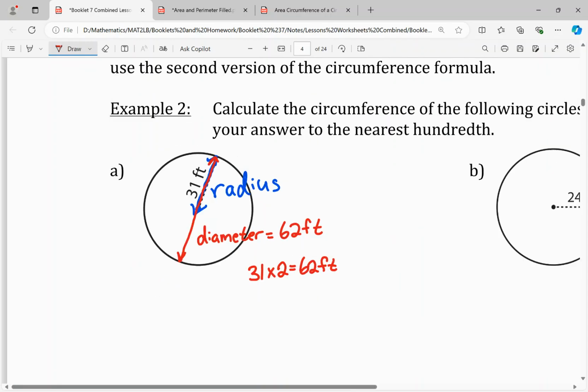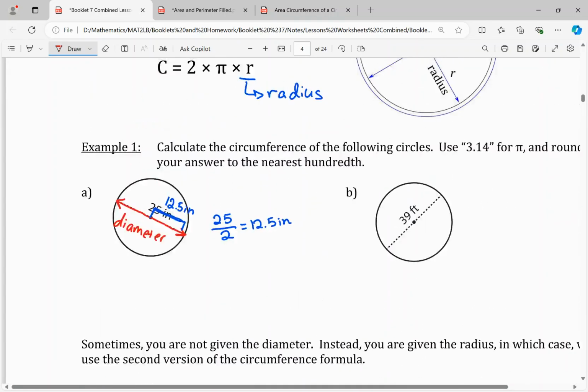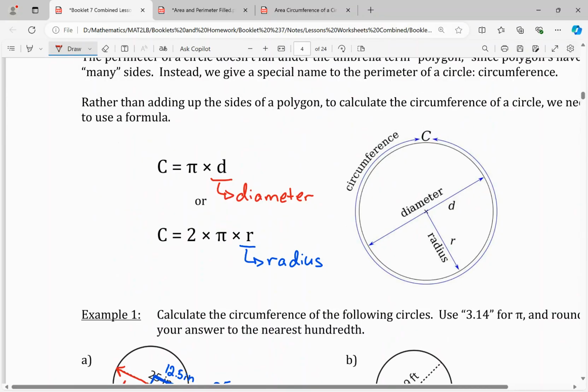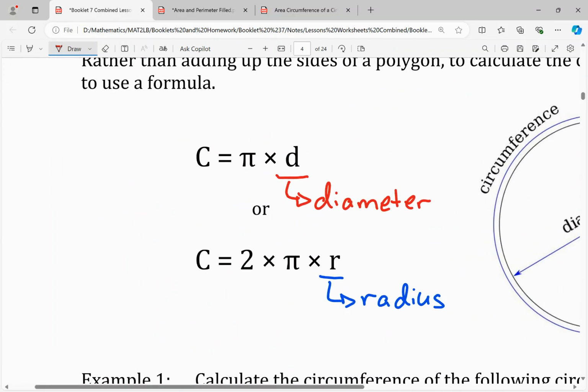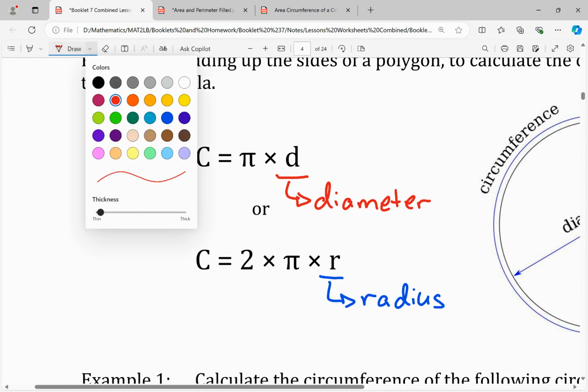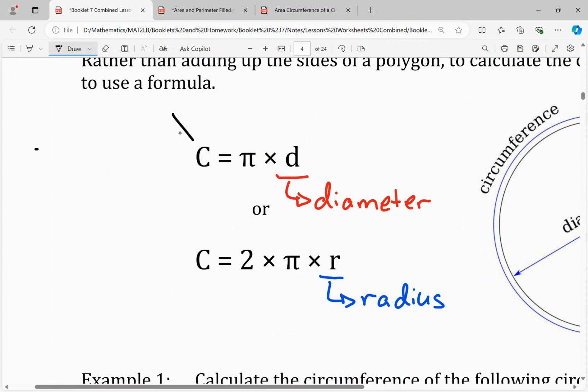Now, you only need to know one of these, the diameter or the radius, in order to find the circumference. Depending on what you have, you're either going to use the top equation right here if you have the diameter, and the bottom equation right here if you have the radius.